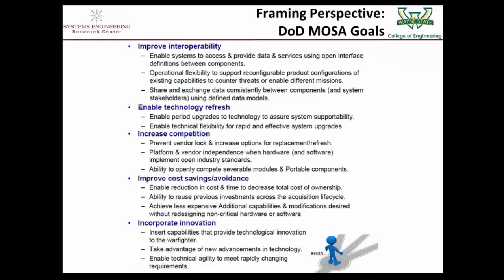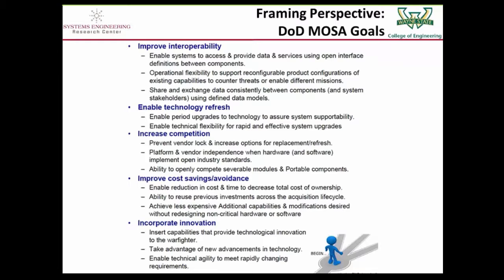So we can all read the chart, but what I want to emphasize out of these 5 benefits is that they're occurring at different stages of the acquisition life cycle. When we're talking about improving interoperability, that's both interoperability in the development, so we get open interface definitions, but it's also operational flexibility and interoperability between components that share modules.